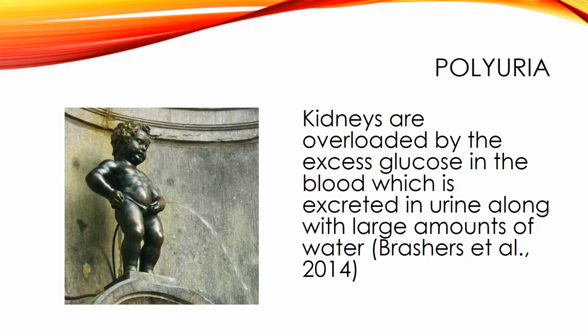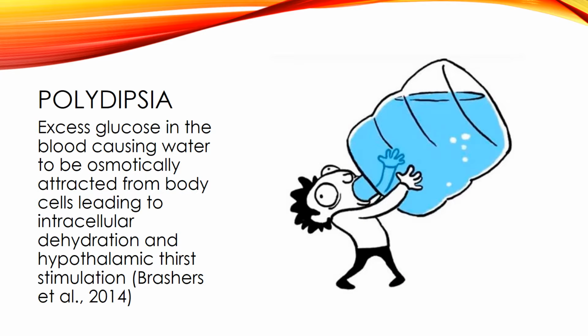Polyuria occurs as the kidneys are overloaded by excess glucose in the blood, which is excreted in urine along with large amounts of water. Polydipsia is usually caused by excess glucose in the blood, causing water to be osmotically attracted from the body, leading to intracellular dehydration and hypothalamic thirst stimulation.